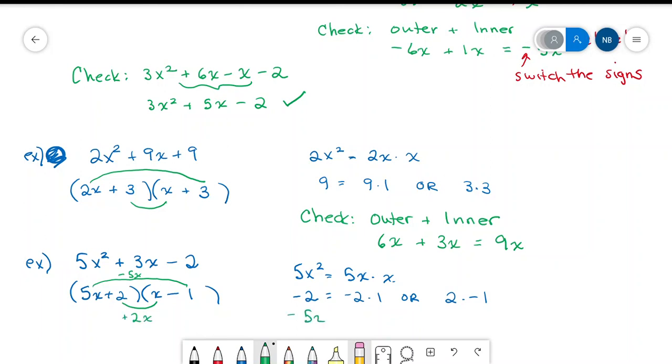Negative 5x plus 2x is negative 3x, which, yay, is very close. The only thing wrong is the sign, so we switch them.